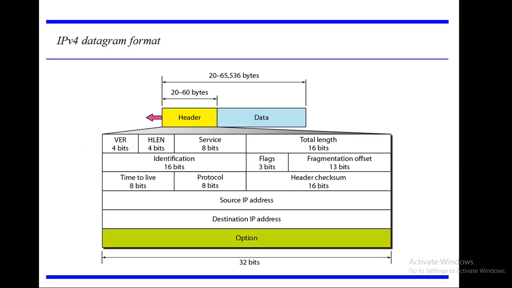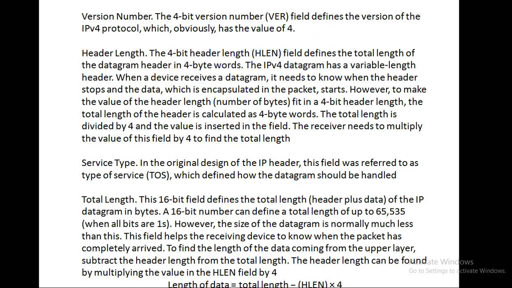The next section is HLEN. HLEN is nothing but header length. Why this is included is because the header length is variable. It is 20 bytes to 60 bytes, so you have to tell the receiver what the header length is. To tell the receiver about the header length, a section is included in the header, that is HLEN, which is 4 bits. That is the explanation here.